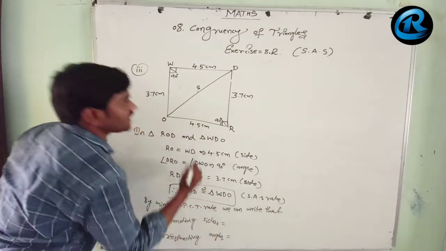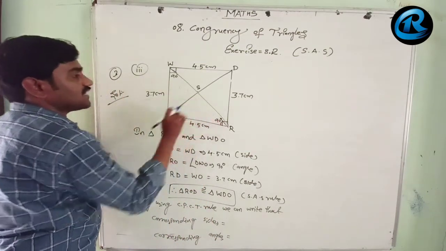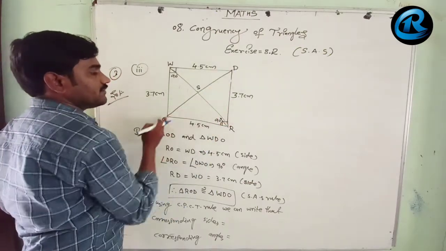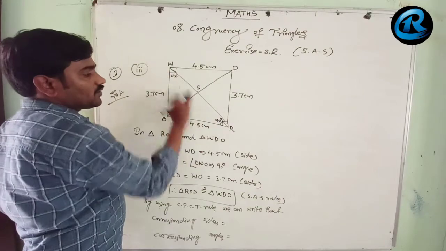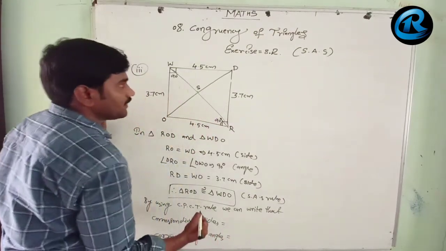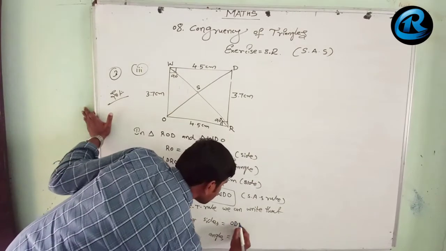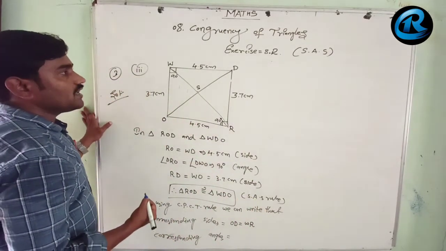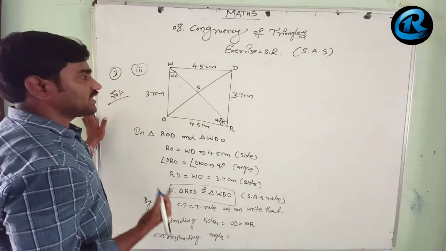These two sides are given. The third side will be OD equal to WR. That is the corresponding side, and the rest are corresponding angles.